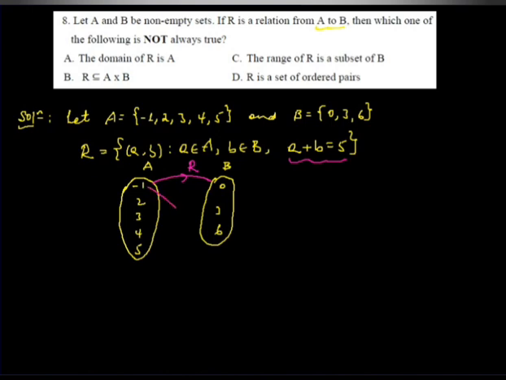So minus 1 can be paired with 6, 2 can be paired with 3, 5 can be paired with 0. Now let's see the domain of this relation.